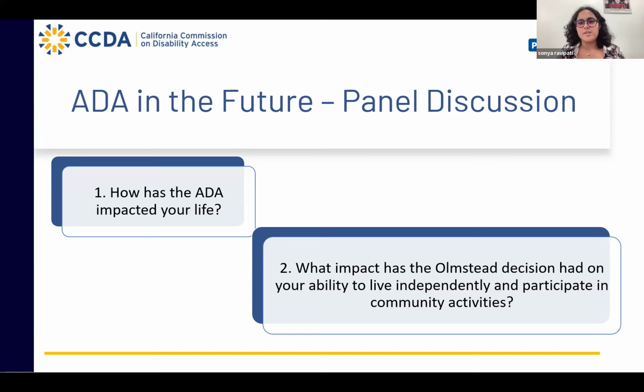It's important for raising awareness and making the disability rights movement more powerful. And I also think that Olmstead provides so much dignity for the disabled community because it makes us independent, it makes us human. And I think that's really powerful.